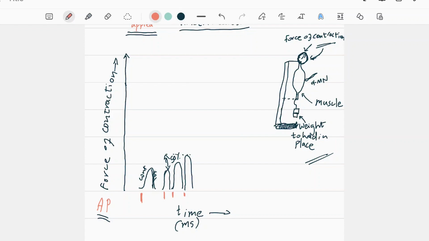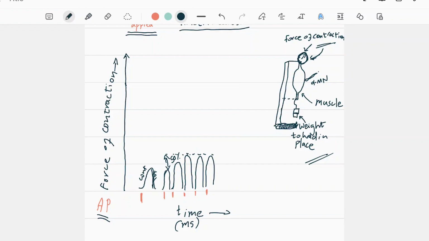After this, every time the muscle relaxes, if I give an action potential, it's going to be a plateau. It won't change over here. See, I give another action potential here, with an electrode on this motor neuron, and it will again plateau. It doesn't make a difference over here, but it did increase earlier.